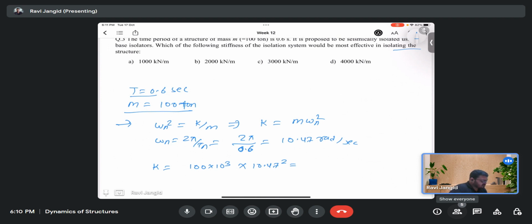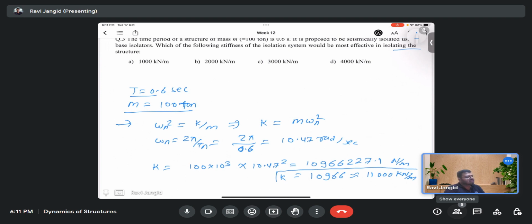So it will come out to be 1096622 Newton per meter, or we can write it in kilonewton, or we can call it about 1100 kilonewton per meter. So this is the stiffness of our superstructure.